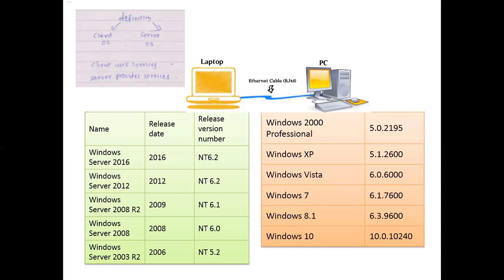Now the second point, one more definition. Please keep this in your mind. In this slide, the left side table indicates the server operating systems, and the right side tables indicate different client operating systems. Let us say I am talking about Windows-related operating systems.